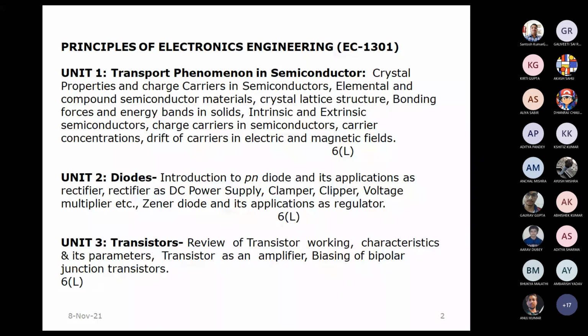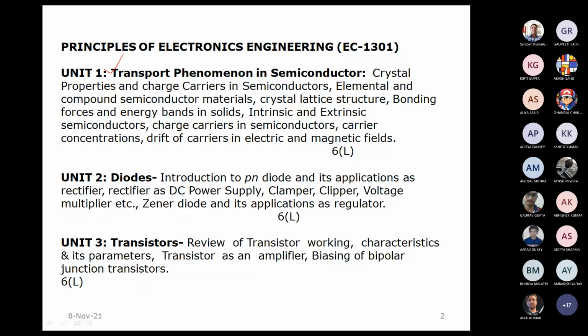Mainly we have 5 units here. Unit 1 is about transport phenomena in semiconductors. We will first look at what a semiconductor is. Almost all of you may know about semiconductors by now, because the course curriculum is so designed that the basics of semiconductors are in class 12 also.